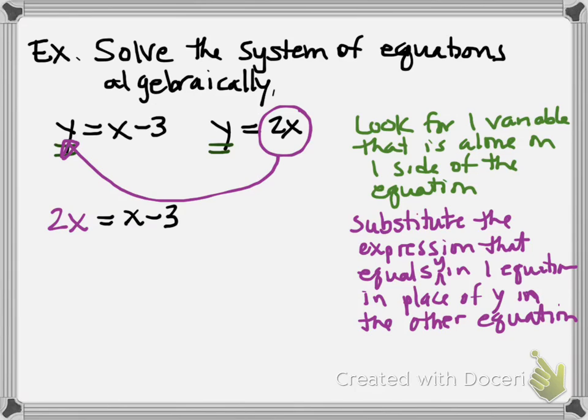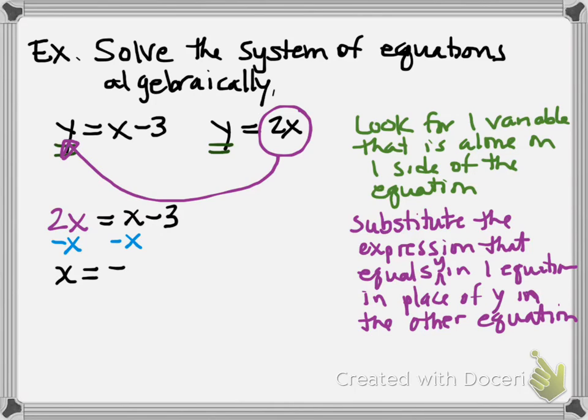What is it in general that I'm going to do at this point? What can I do mathematically? Jonah? And why would you want to do that? Okay, so we get variables to the left. And what's 2x take away x?